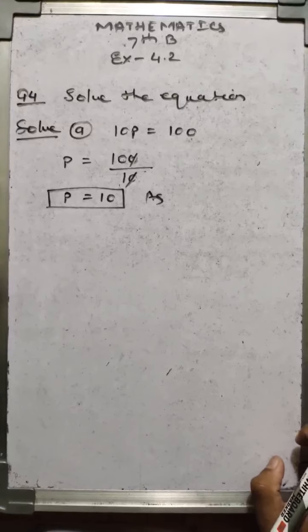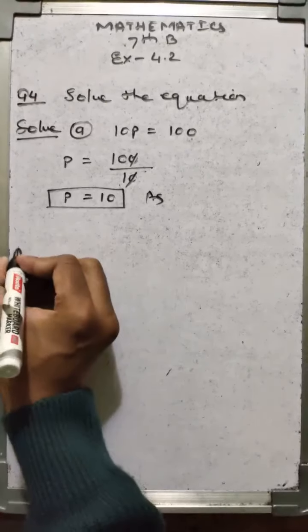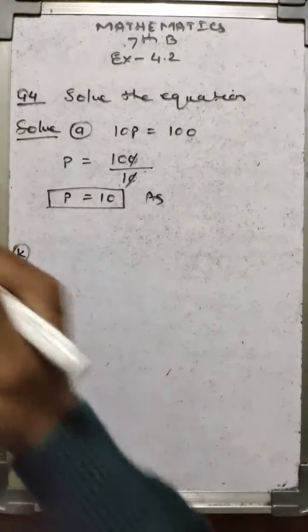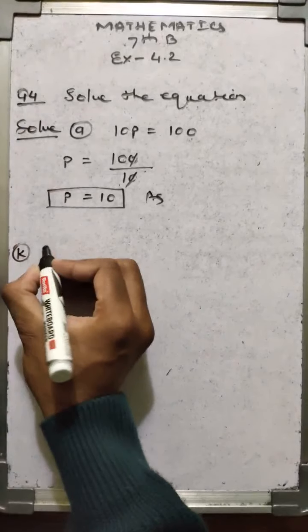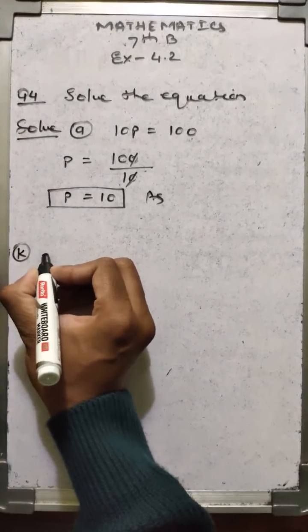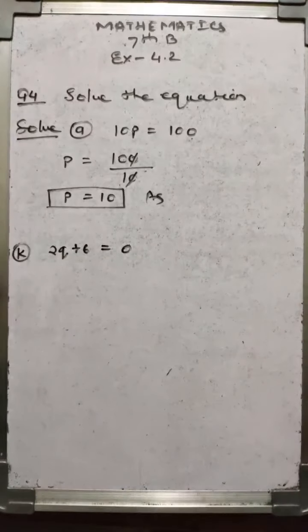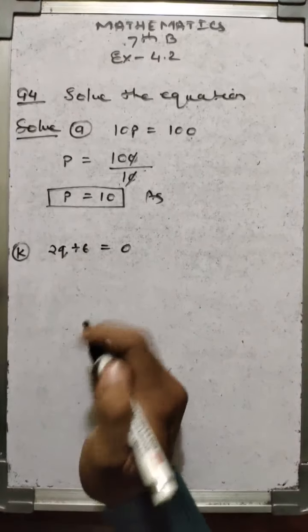See, these are really easy questions. Okay, so I'm directly jumping to the question k, because the previous ones we already covered in the previous questions. So here k is saying 2q plus 6 equal to 0. So what will be the value of q?